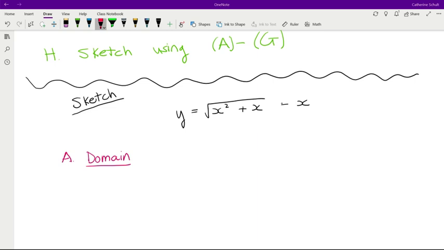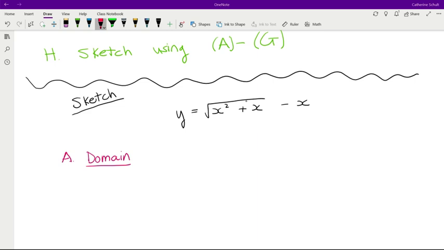All right, so as far as domain goes, the only thing that would be a problem, right? And again, domain restrictions happen with rational functions. We don't want the denominator to be 0. They happen with logarithms. The argument has to be positive. They happen with even roots because the argument has to be greater than or equal to 0.